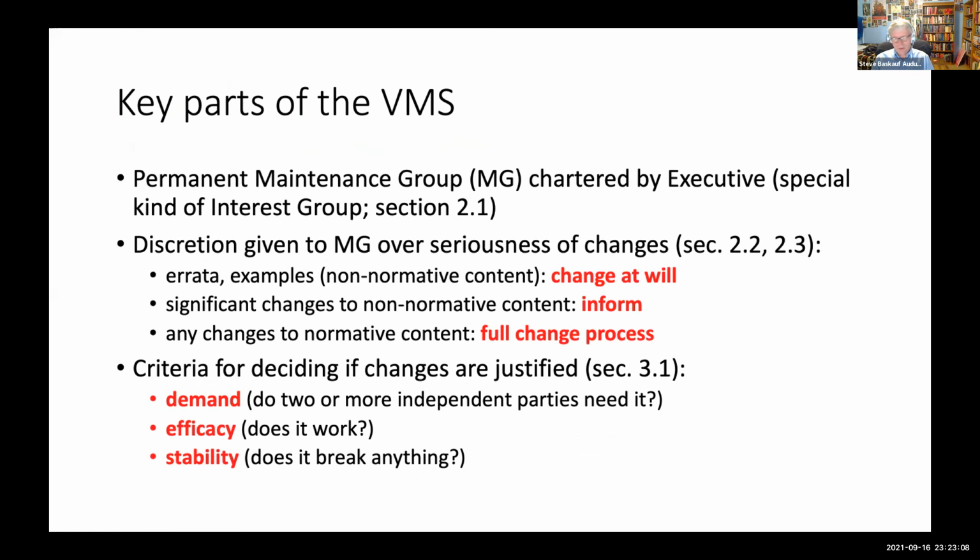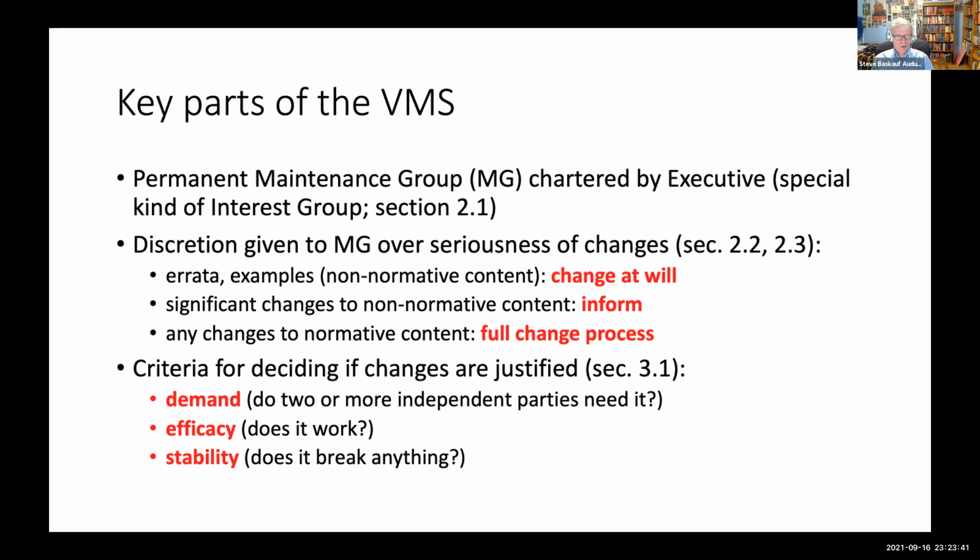One of the things, as Stan mentioned, is that the vocabulary maintenance specification creates a special kind of interest group called a vocabulary maintenance group, or just maintenance group, or maintenance interest group, but often the interest part's just dropped out and it's just called the maintenance group. And the difference between that and a normal interest group is it can't go away. A normal interest group, if there's no interest, it can fade away, but somebody has to maintain the vocabulary.